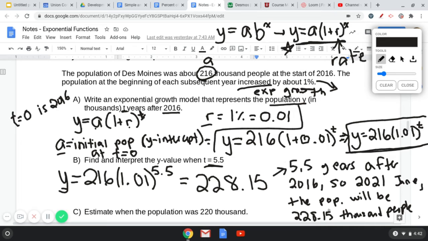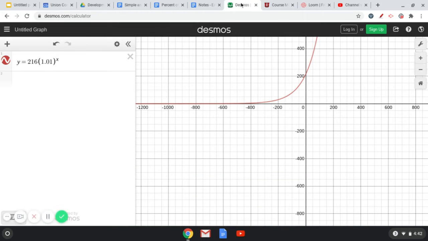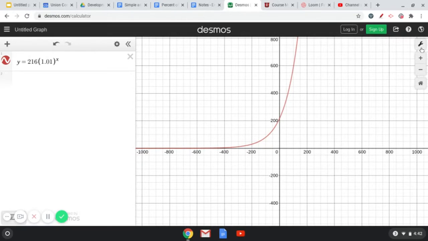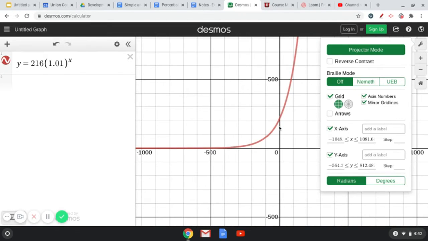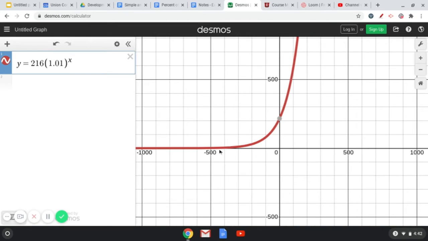Now I mentioned wanting to graph this and figure this out graphically. So if you follow me to this screen, I graphed our exponential function. And first things first, does this look like exponential growth? Yes, we start slow, we rapidly get faster and faster. Now my range is very large. So this is where we're starting, and when time is 0 at 2016, our population is 216,000 people.